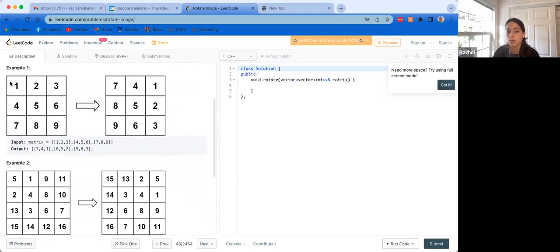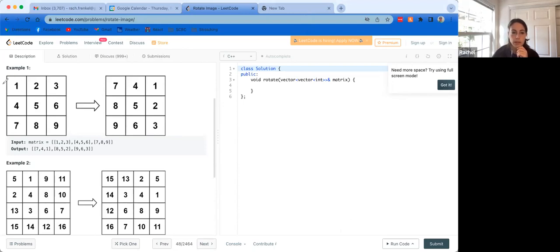A matrix represents some type of 2D structure, basically a table. The way you represent that with arrays is, let me annotate.